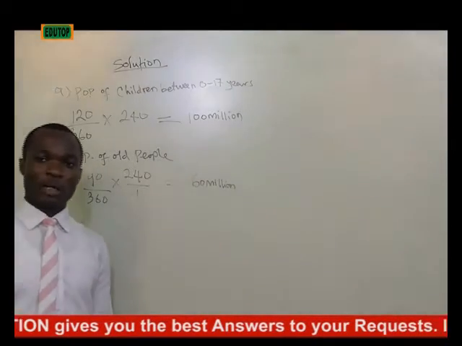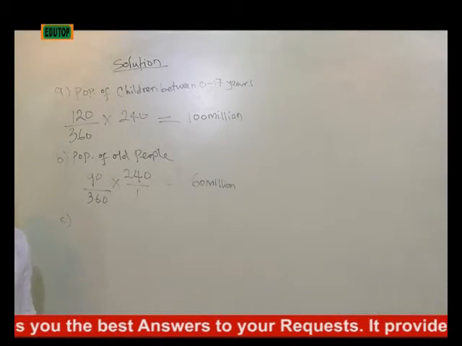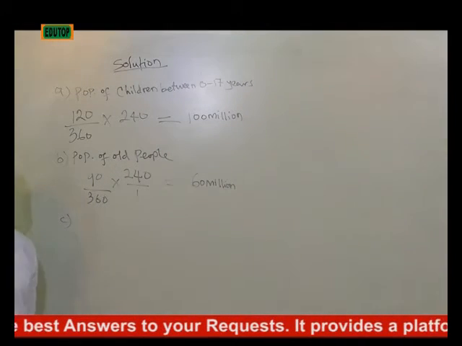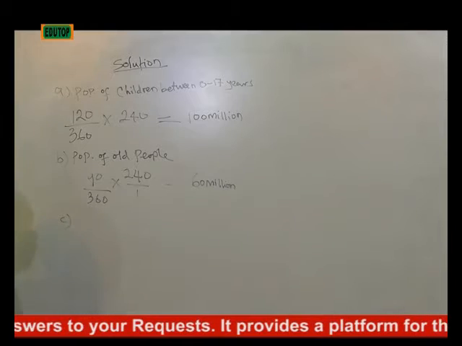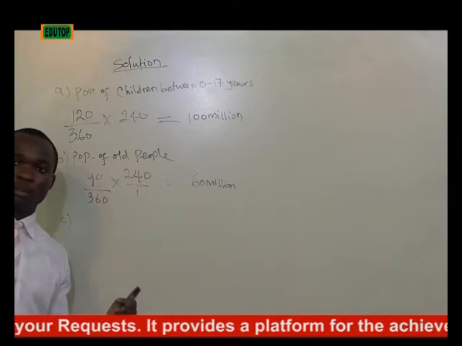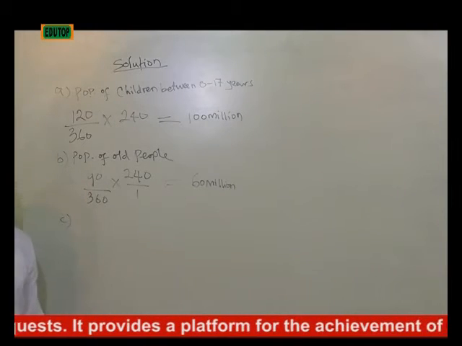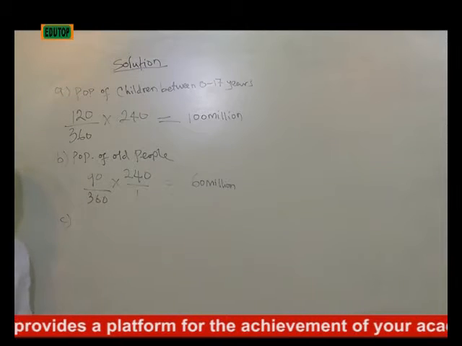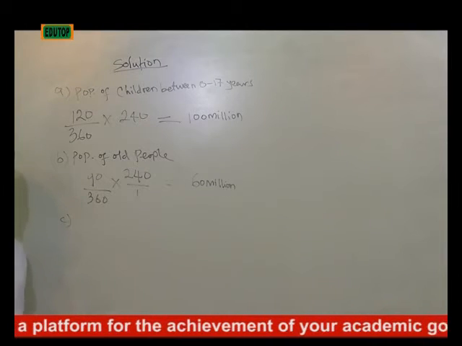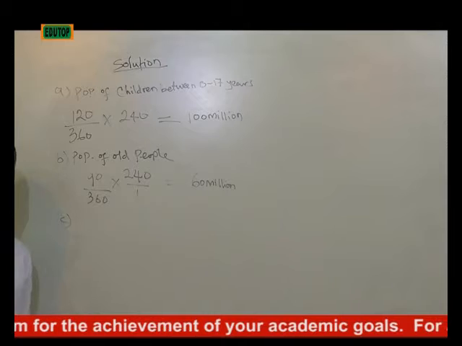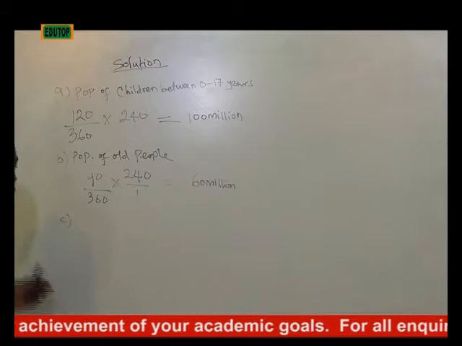C, we are asked to calculate the population of working people, people between ages 18 to 59 years. And from the pie chart, this group of people have 150%.